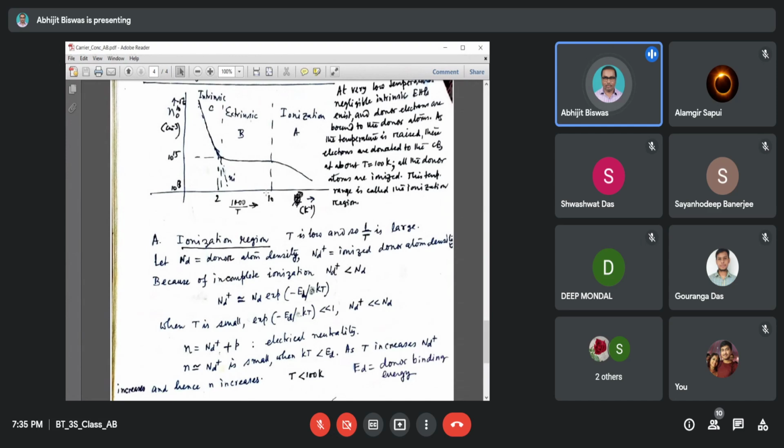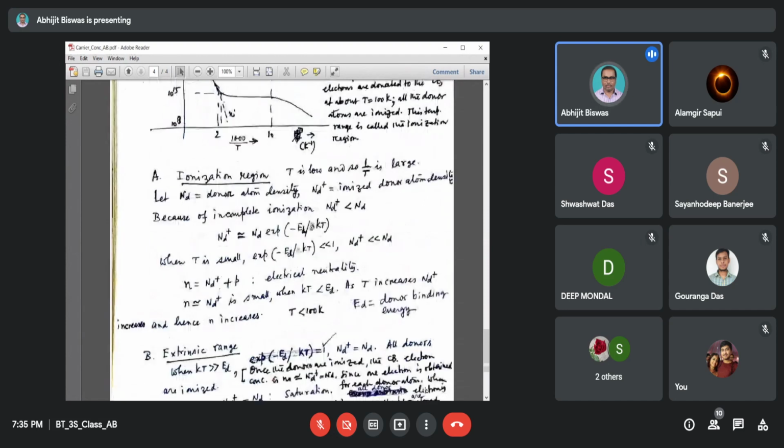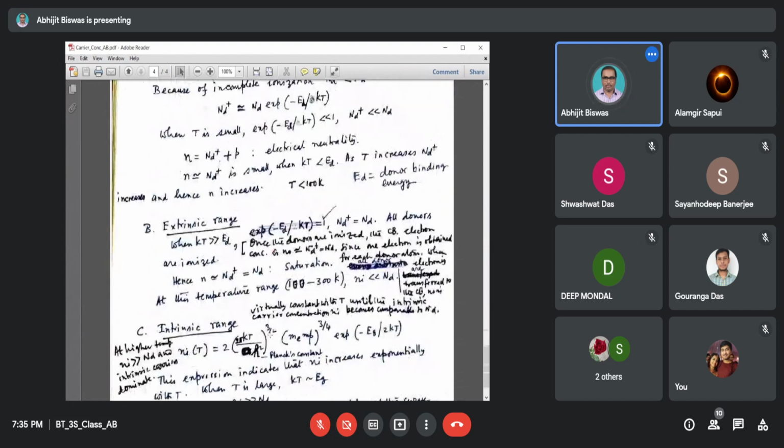The electron concentration remains at a constant level because all donors are already ionized, so there is no donor left unionized. Here we can write Nd plus equal to Nd.